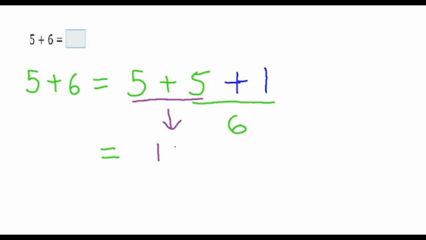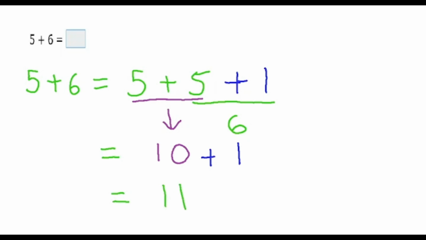So it becomes 10 here. And then what we have left is the plus 1. So we know that 5 plus 6 is the same as 10 plus 1, which equals 11.